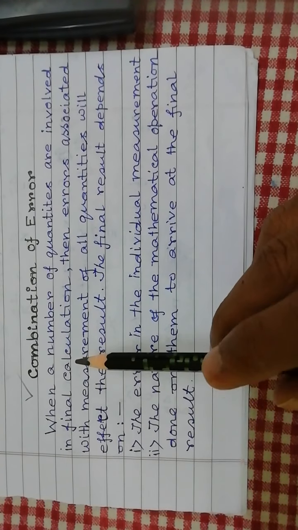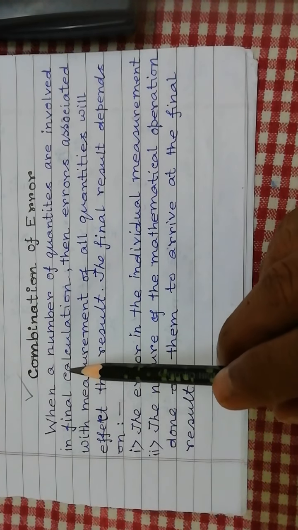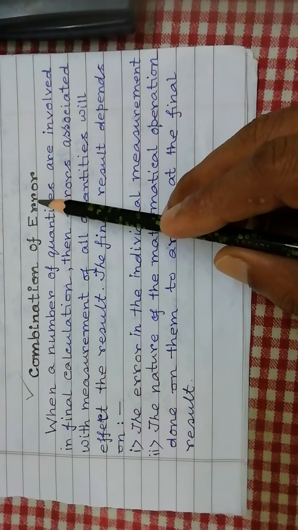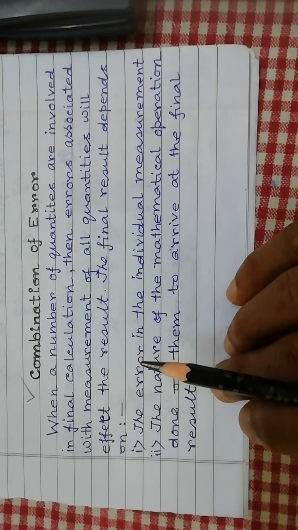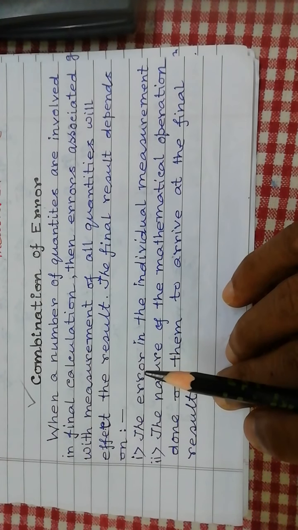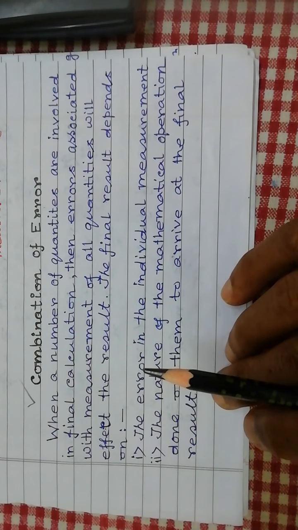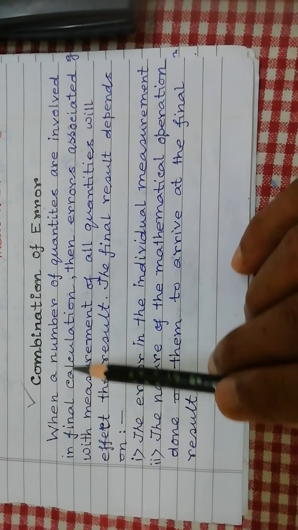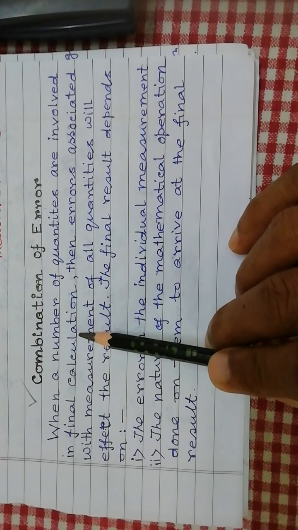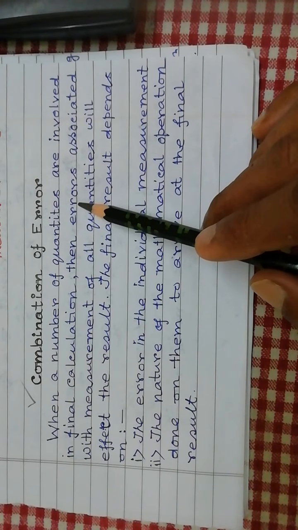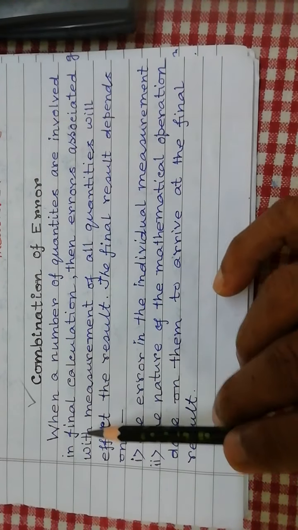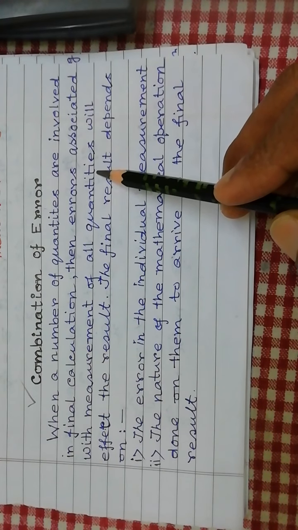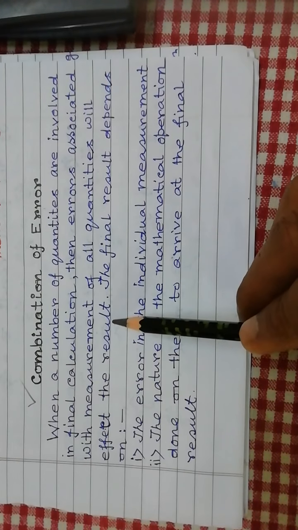Thank you. Today I am going to discuss combination of errors. When a number of physical quantities are involved in the final calculation, then errors associated with the measurement of all physical quantities will affect the result.